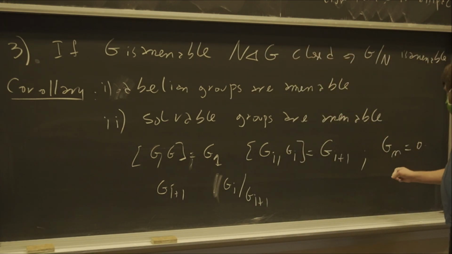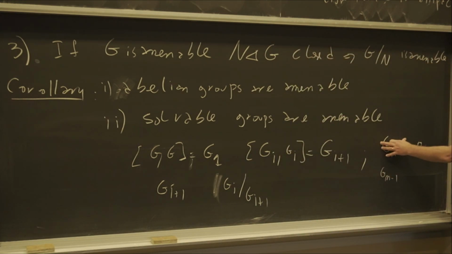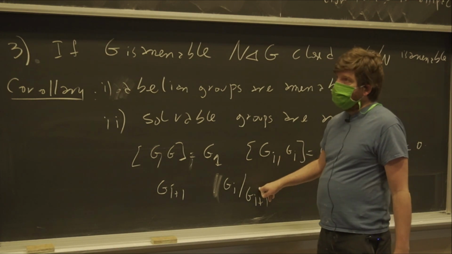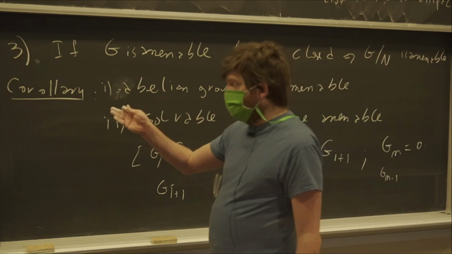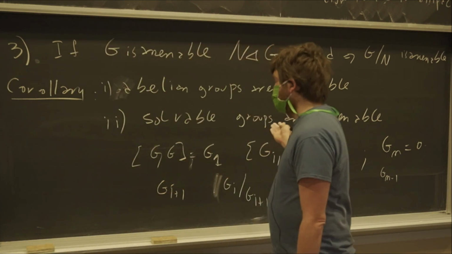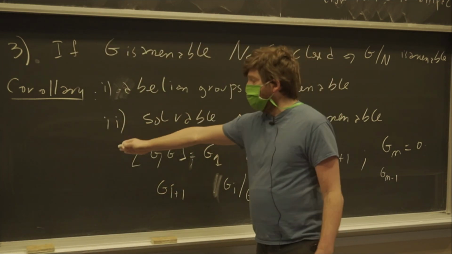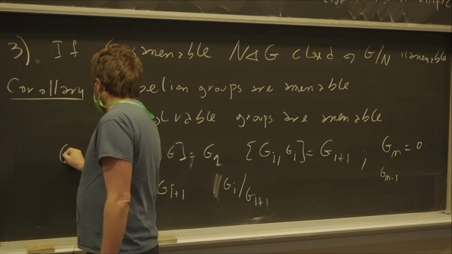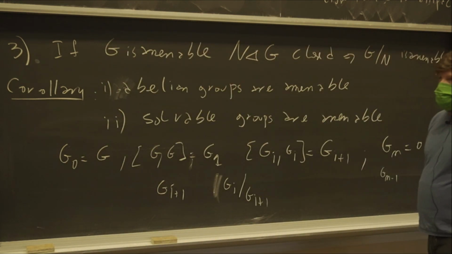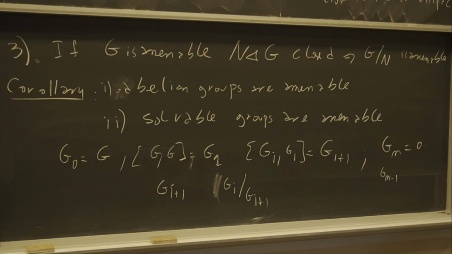You start from G_{n-1}, which is abelian because the commutator is 0. So abelian is amenable. The quotient is abelian, so it is amenable, and then property 2 tells you that G_i is amenable. Then you go back all the way up to G_0 equals G. That's how you get that solvable groups are amenable.